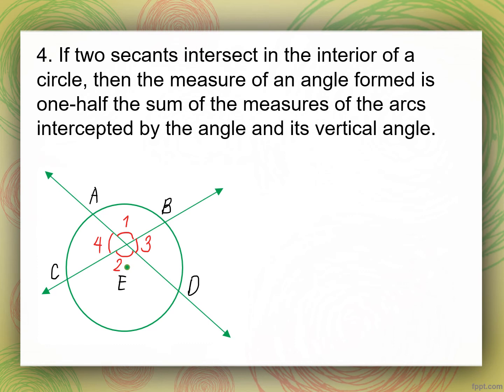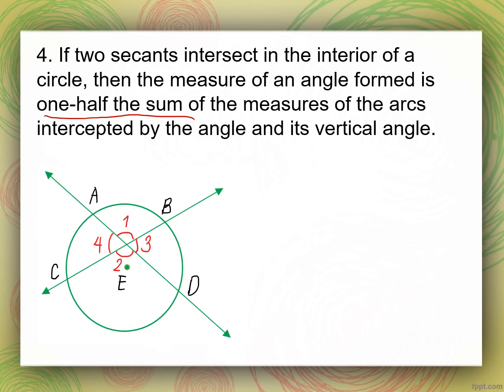So if you want to solve for the measure of the angles formed at the interior of a circle, what do we need to do? Get half the sum of the measures of the arcs intercepted by the angle and its vertical angle.